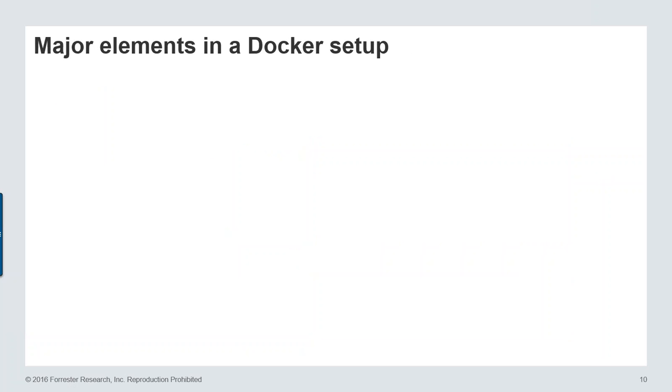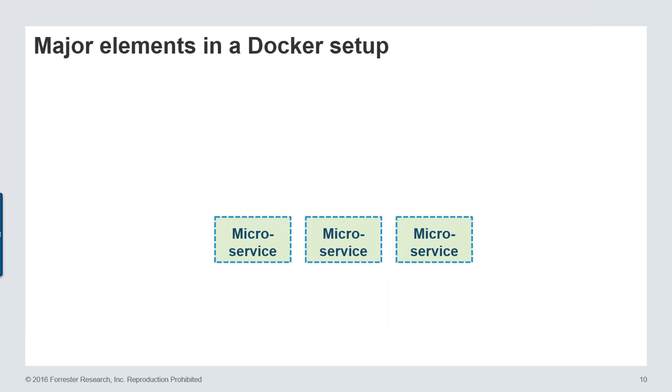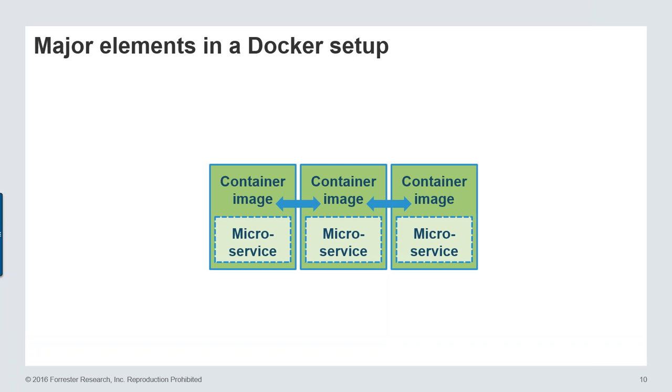So let's talk some about Docker and the major elements in a Docker setup, because here's where we start to get into how you're going to do things and what kind of security issues you're going to run into. So the first bit is the microservices that you're writing and running, and you're deploying them each individually, but to deploy them, you put them inside a container image. And we'll see in a later slide more about what's in a container image. But it's the runtime elements that make that microservice work and actually run.